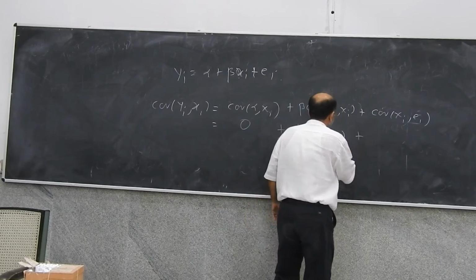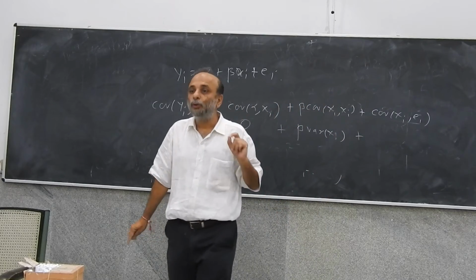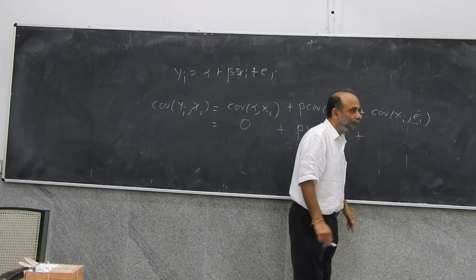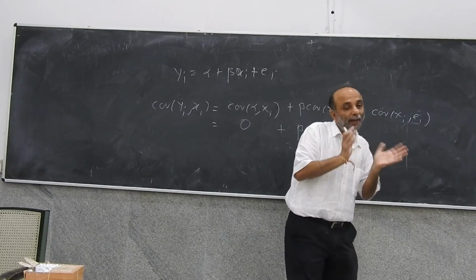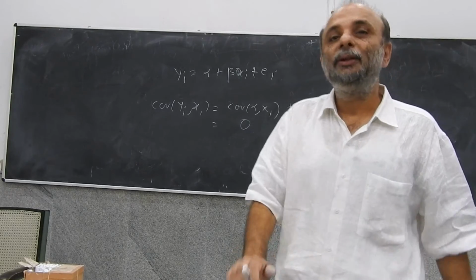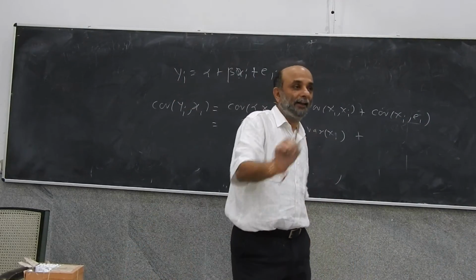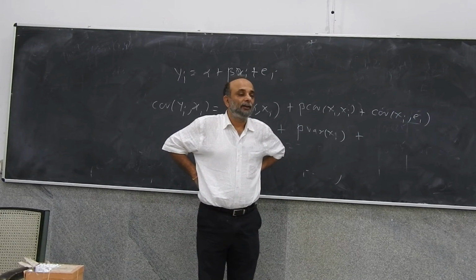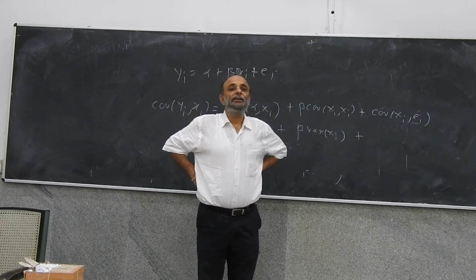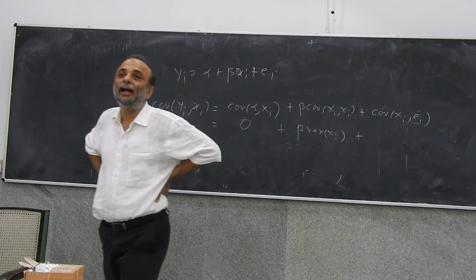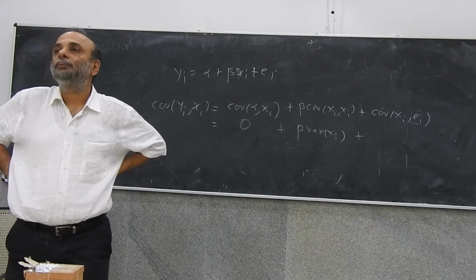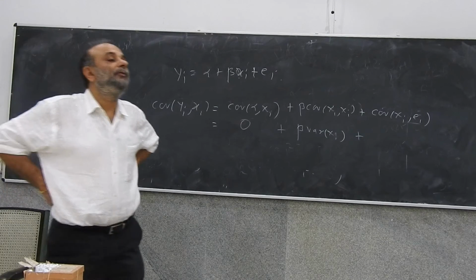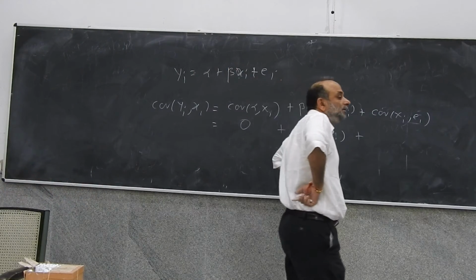plus, now I am going to argue to you that this part will be 0. The covariance of xi and ei will be 0 if the model is specified correctly. Why do you think we can argue that? Again, think what the covariance of xi and ei is denoting.